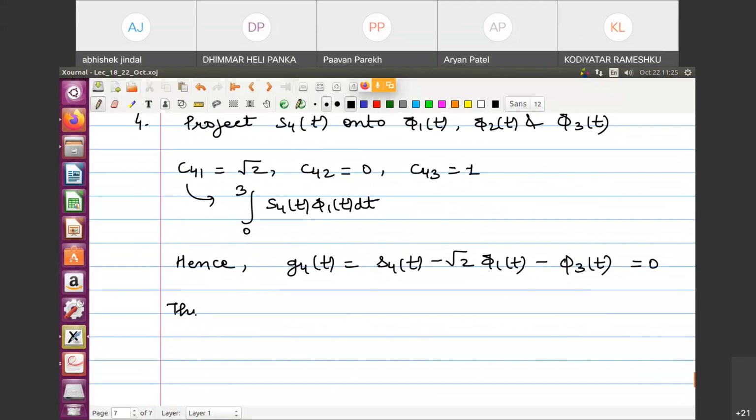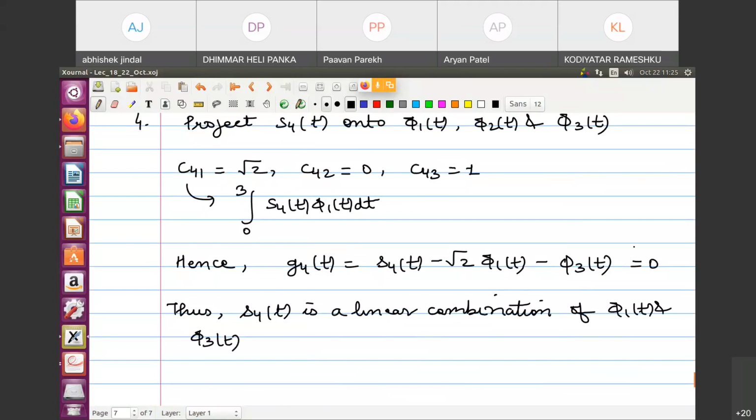Thus, this was a good example. Okay, S4(t) is a linear combination of phi 1(t) and phi 3(t). This is a homework. Check.